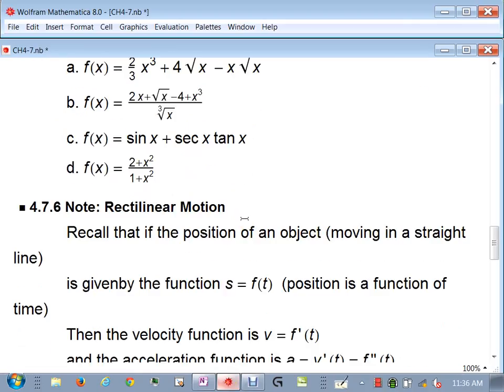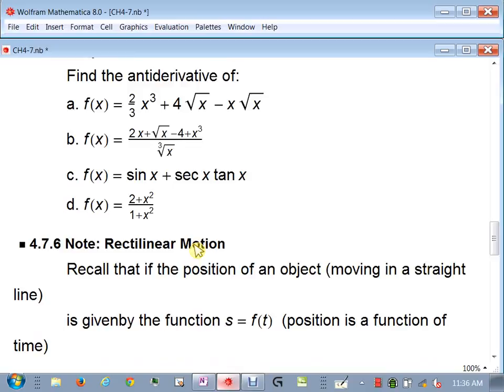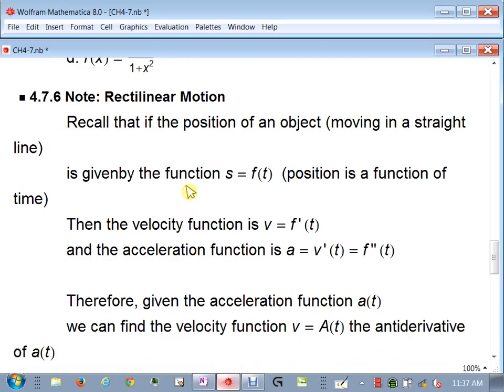All right, now that we've talked about some antiderivatives and some ways that we can attack them, let's see some results of this. This is called rectilinear motion.